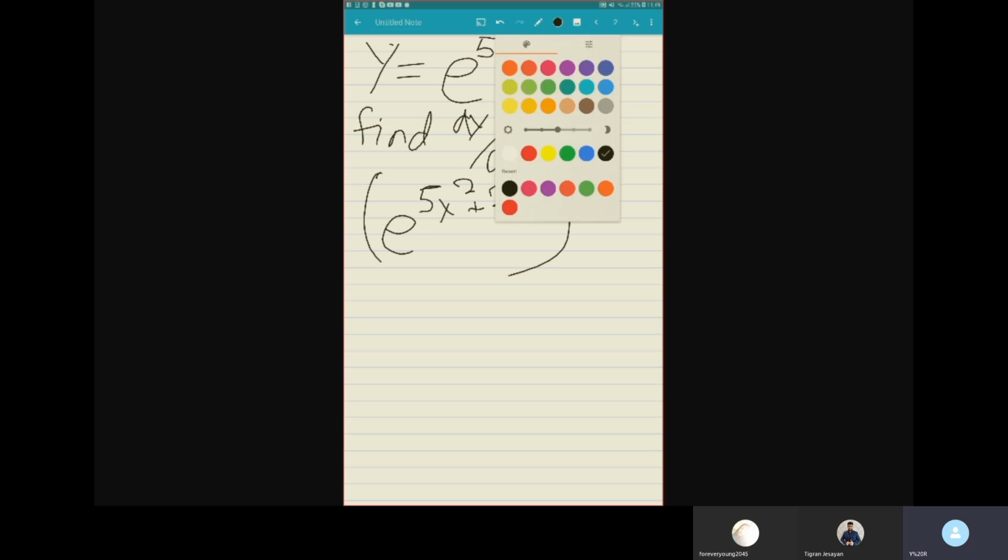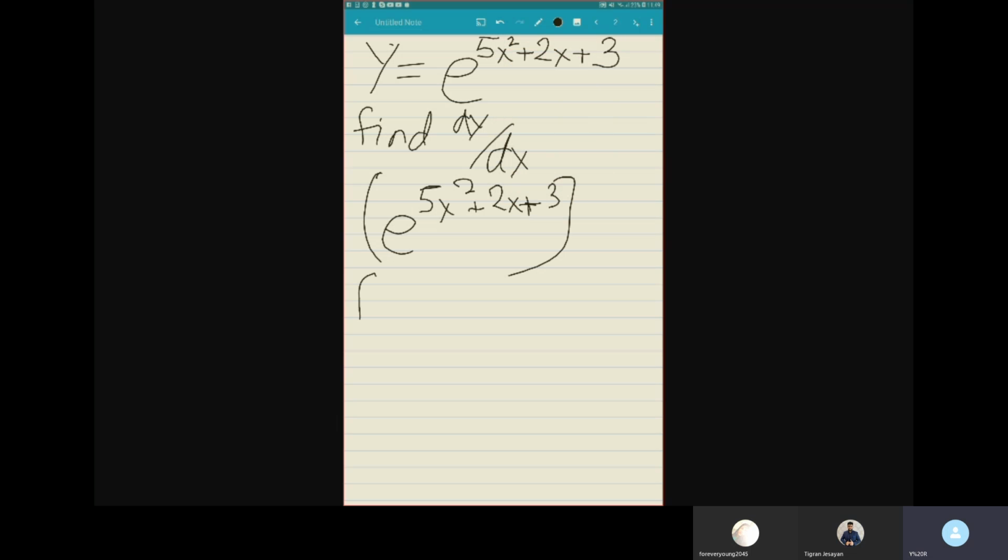Okay, I will show you. So we have f(x) is equal to e to the power g(x), and g(x) is 5x squared plus 2x.